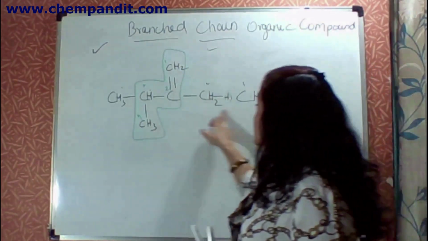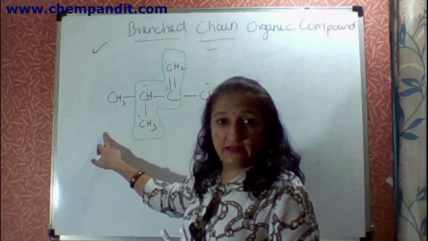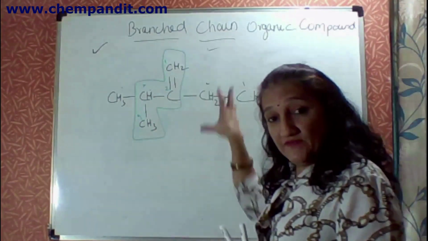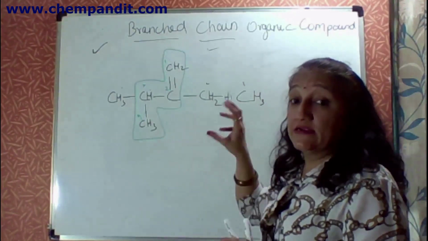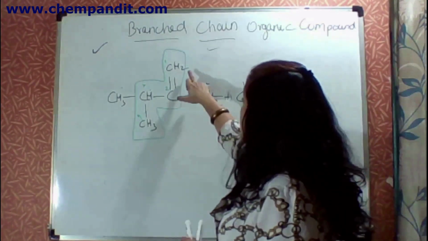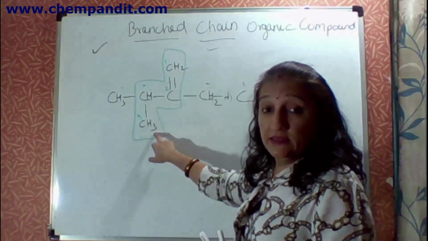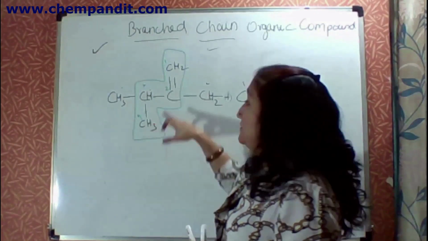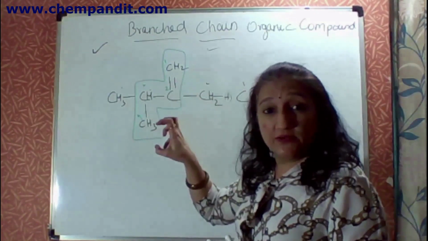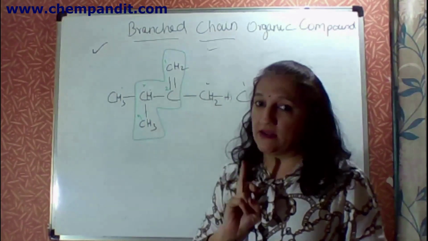If we take this carbon chain, the double bond is not coming in this main chain, right? So we need to identify the longest carbon chain containing the multiple bond. Clear? So this will be our main longest carbon chain. And how will we number it? We will do the numbering in such a way that the carbon with the double bond gets the lowest number.